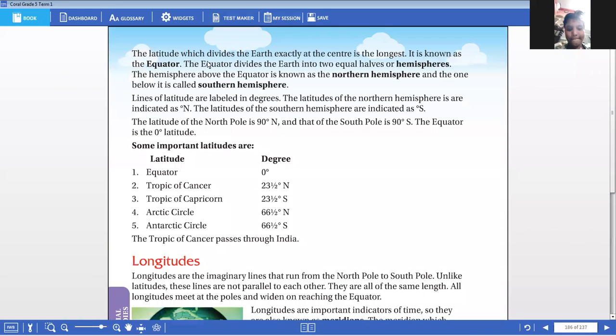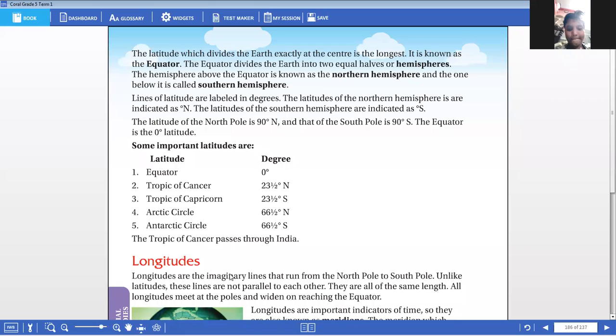Okay. Coming to this, the largest or longest latitude is the center one, and it is known as the equator. The equator divides Earth into two halves, and these halves are called hemispheres.